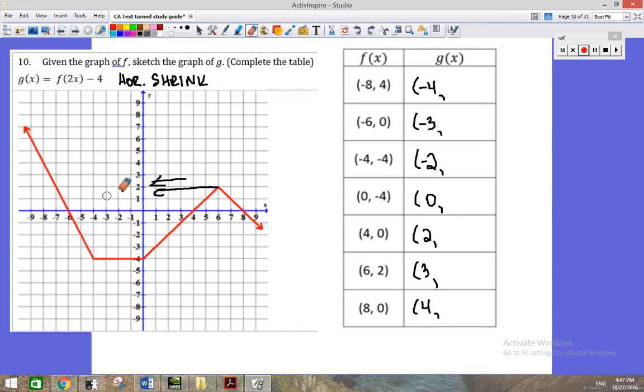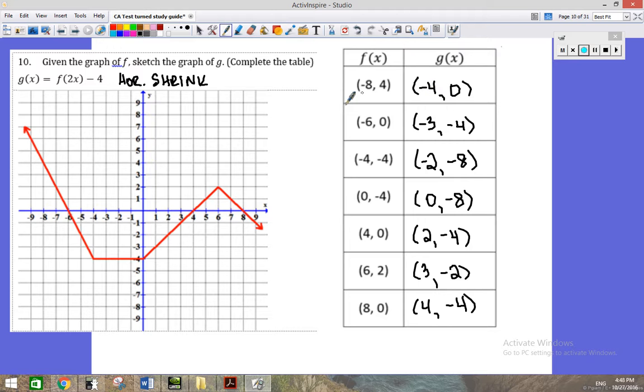And so what are the y's doing? Well, this whole graph, after we've squeezed it in, we're going to shift it down. That minus 4, we're subtracting 4 from all the y coordinates, and we're going to push this graph down 4 units. So subtract 4, subtract 4, subtract 4, subtract 4. I'm looking at the y coordinate, and I'm subtracting 4, and I'm trying not to make any silly arithmetic errors as I'm doing it.